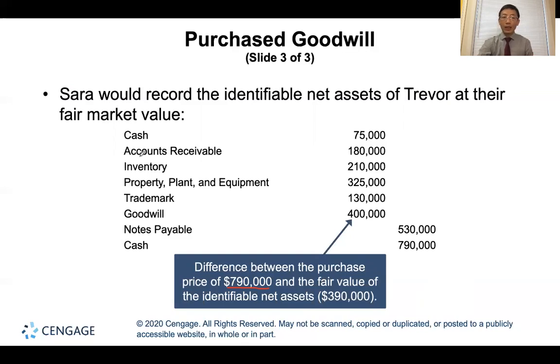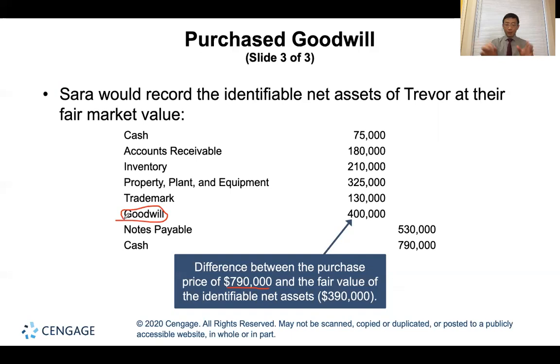So we debit the cash, accounts receivable, inventory, PPE (property, plant and equipment), and trademark, and credit notes payable and cash. Then the difference is goodwill.